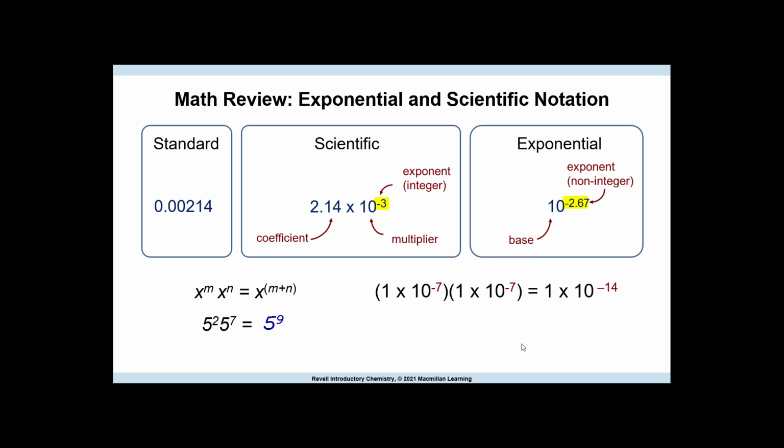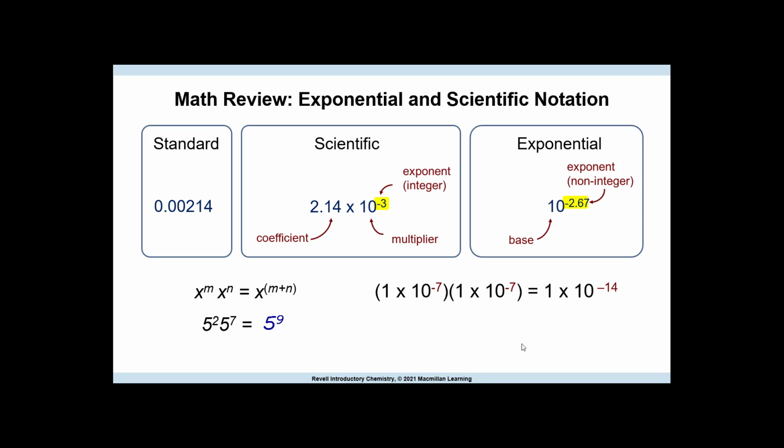In scientific notation, we write it as 2.14 times 10 to the negative 3. Scientific notation uses a coefficient times a multiplier, which is always 10 raised to an exponent. In scientific notation, the multiplier is always 10 and the exponent is always an integer.